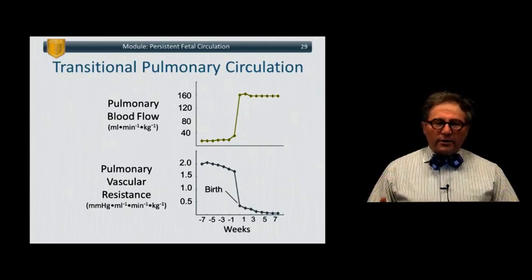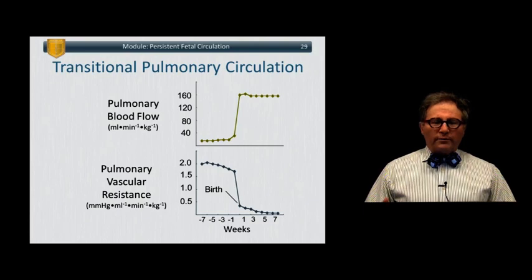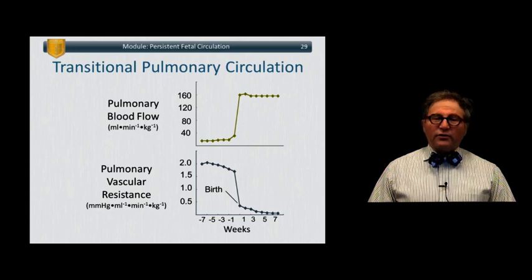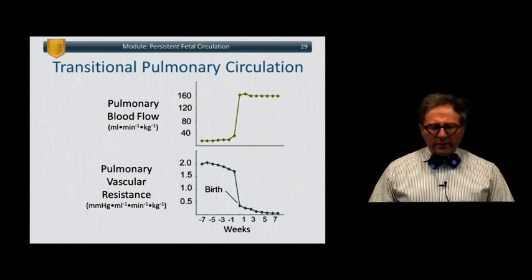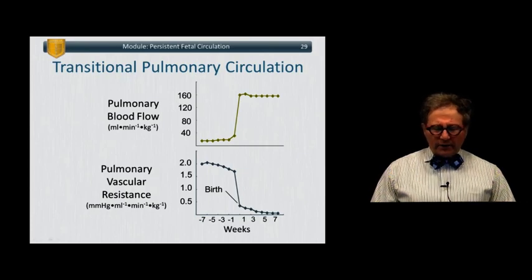I mentioned that one of the most important changes that occur in the transition from fetal to postnatal life is a change in pulmonary blood flow. And this arises as a direct result of a sudden decrease in pulmonary vascular resistance shown here at birth.